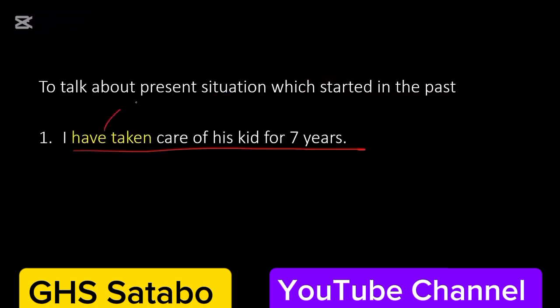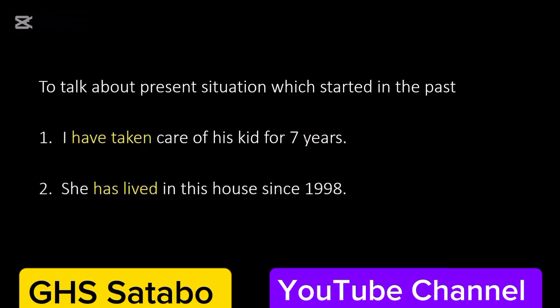So this activity of taking care of the kid for 7 years clearly shows that the activity started 7 years back and you might still be taking care of the kid. She has lived in this house since 1998. It clearly shows that the process of living in the house is very old, but she might still be living in the same house. And that's how we come up with the idea of present perfect tense.